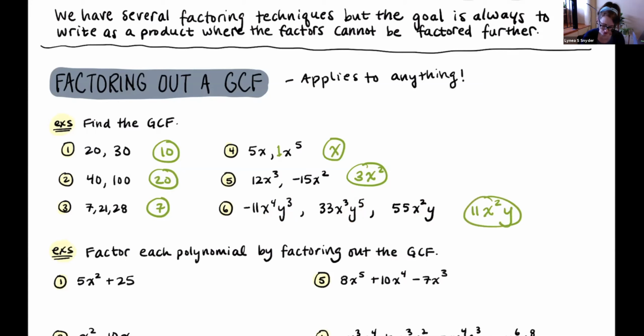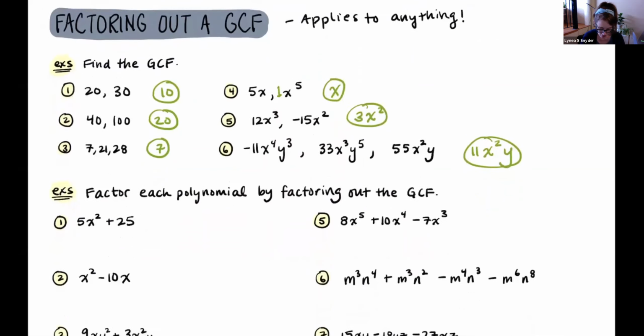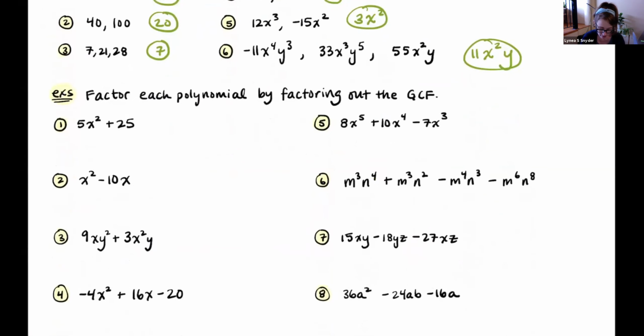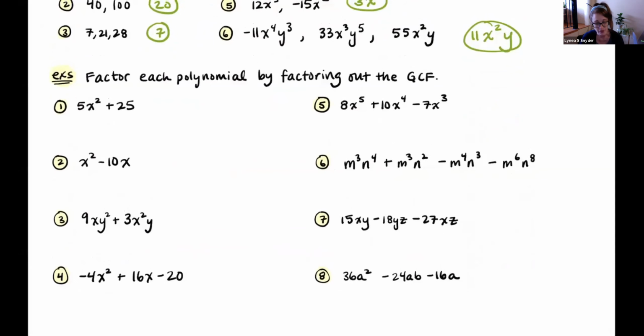All right, so again, this is just a reminder of what greatest common factor means. Let's move on now to looking at some polynomials and factoring them in just one step by taking out the greatest common factor.